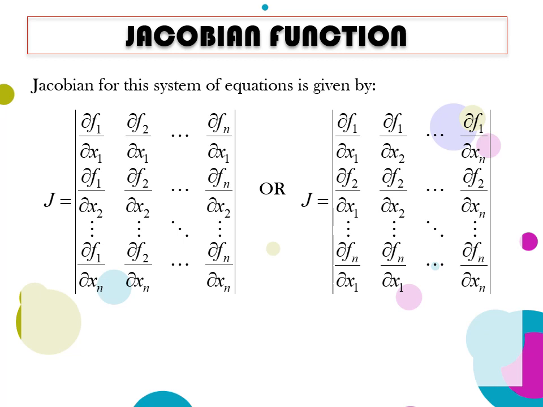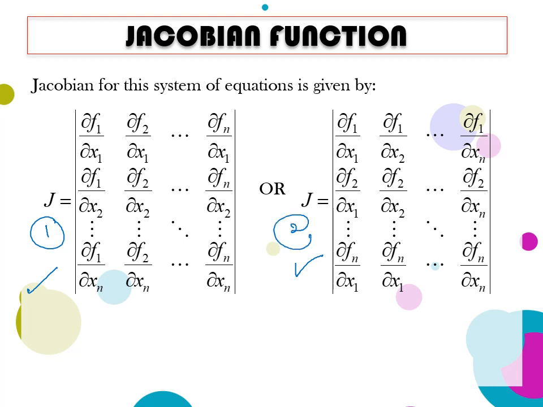There are two formulas here that you can choose in order to calculate the determinant of the system. So you can find the Jacobian like this or like this. What is the difference between the first one and the second one?